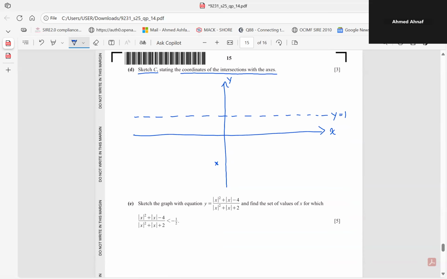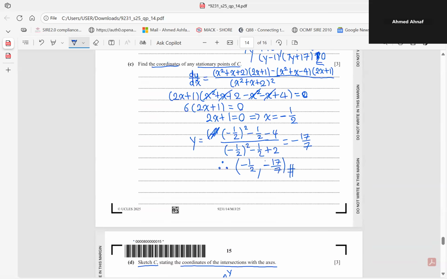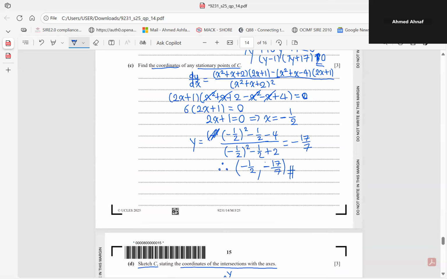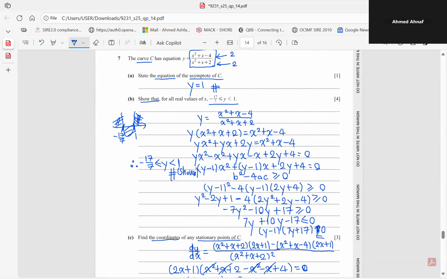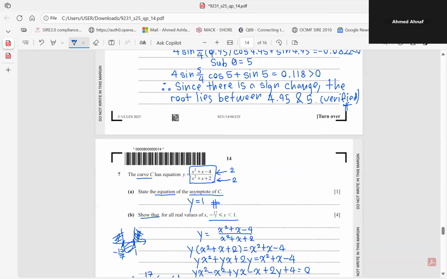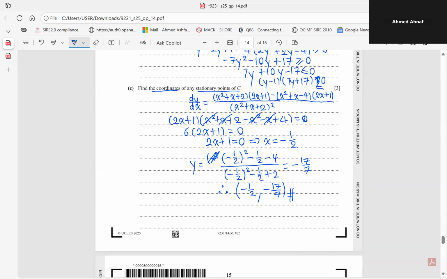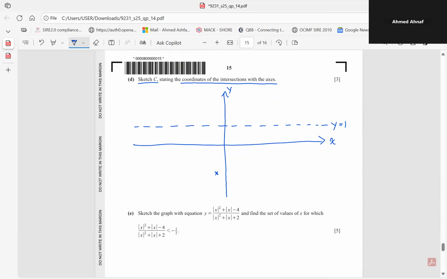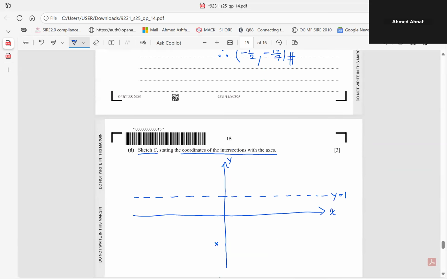Okay. And let's look for the y-intercept. So just substitute x equals 0. So 0 plus 0 minus 4, over 0 plus 0 plus 2, that's 2. So minus 4 over 2, you get minus 2. So 0, minus 2.